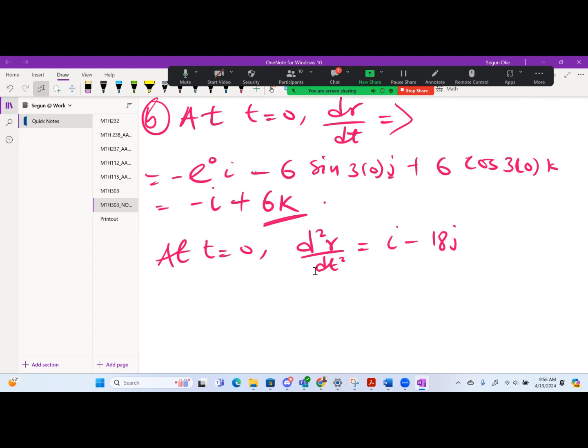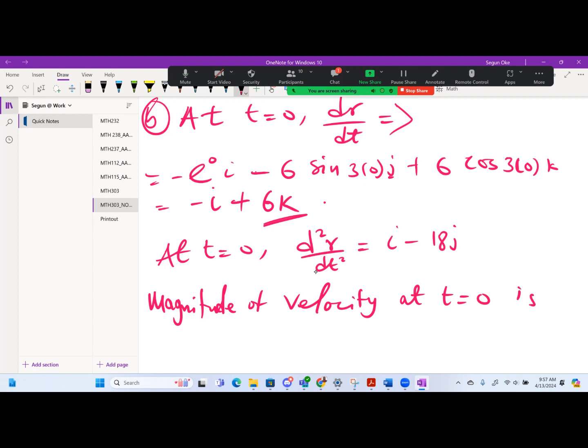The question says we should find the magnitude of velocity at t equals to 0.